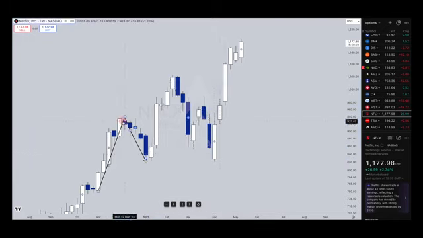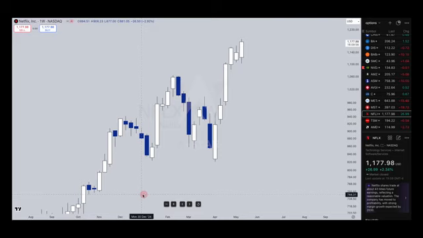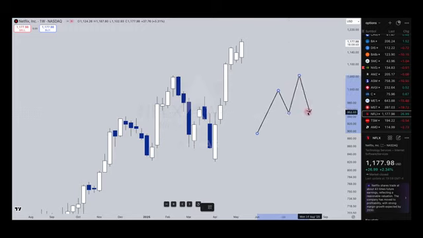Let me take off this makeup from the chart so you can see. A situation like this. Boom, boom, boom, boom. Right? So the market has shown us a market structure shift by taking out this low, which is not supposed to happen if the market is bullish.